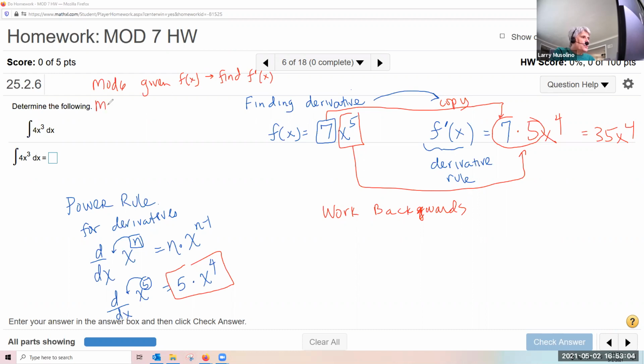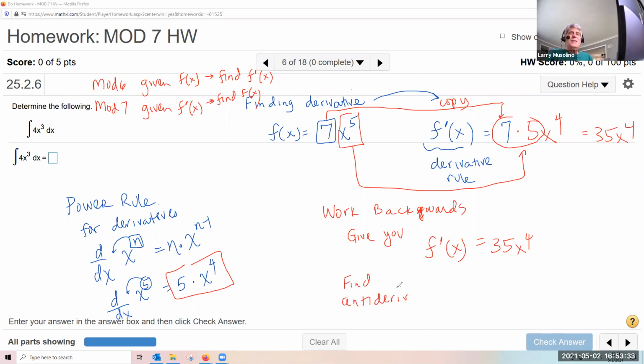But now in Module 7, we're going to be given the derivative function, and you want to work backwards to find the original function. Let me give you an example. Let's say I give you the derivative function of 35x to the 4, and I ask you, find the antiderivative.